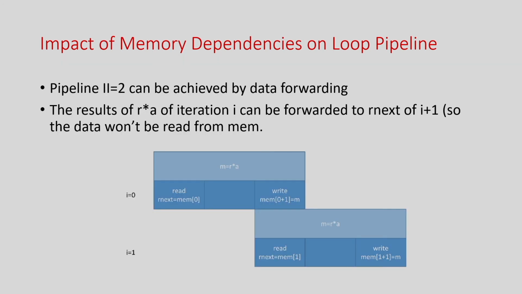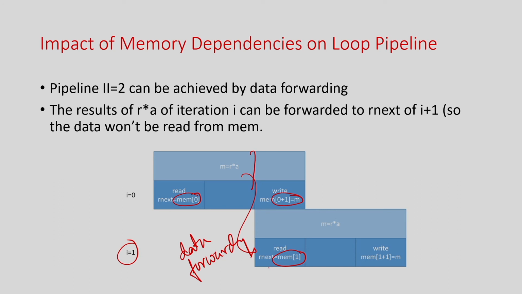So, if you understand this, the multiplication operation is happening, you are doing the read from memory 0 and writing to memory 1, this is for I equal to 0, and I can only start I equal to 1 here. You can ask me how it is possible, because I am writing to memory 1 and reading it here. This is possible by data forwarding. This is a very well known technique for reducing the data hazard.